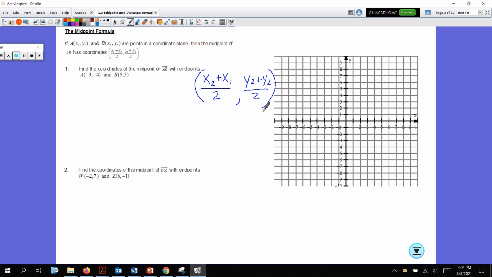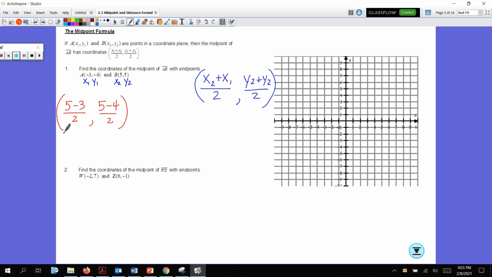So now let us use these points, right? Here's my x1, my y1, here's my x2, my y2. Okay, so if I plug it into this formula here, I have 5 plus negative 3, or 5 minus 3, all over 2, comma, 5 plus negative 4, which is 5 minus 4, all over 2.